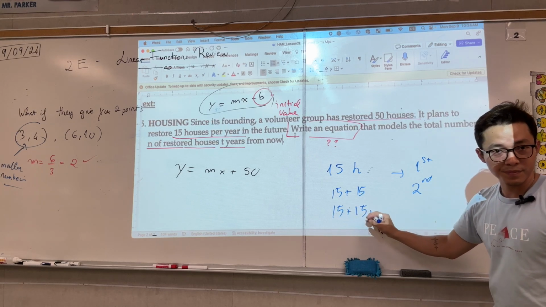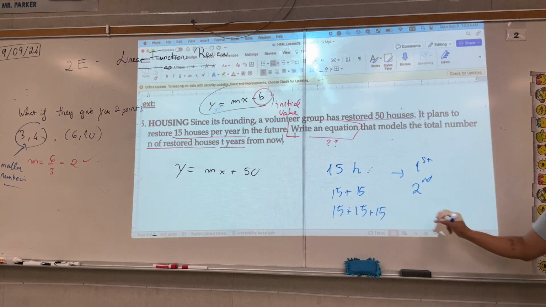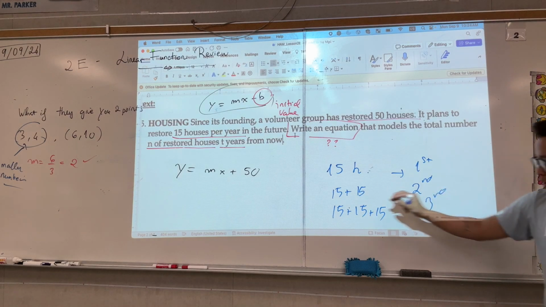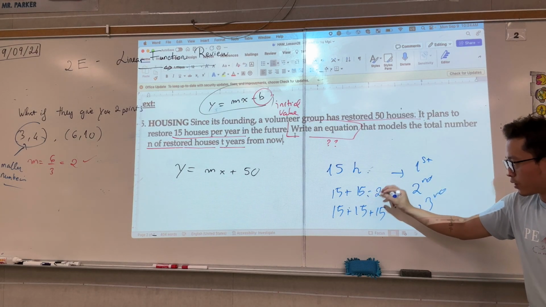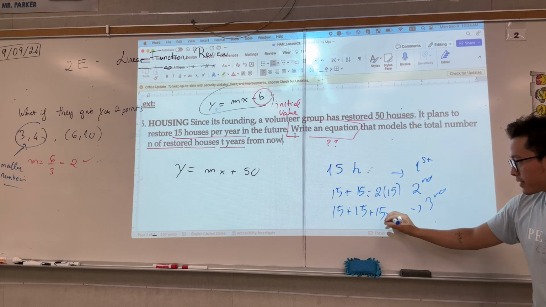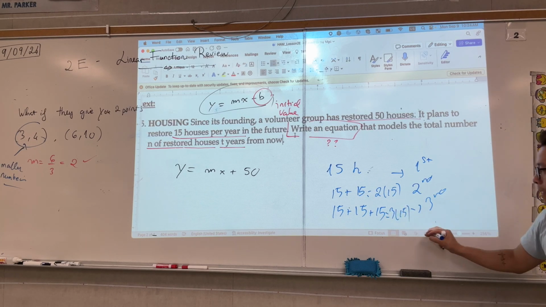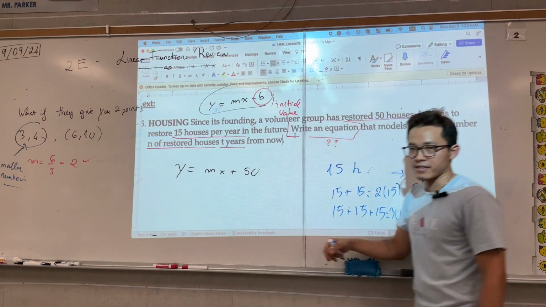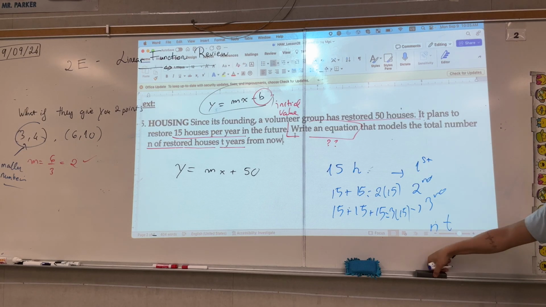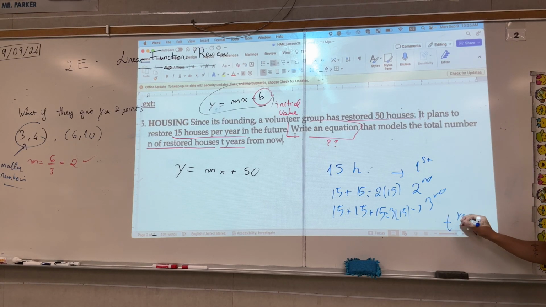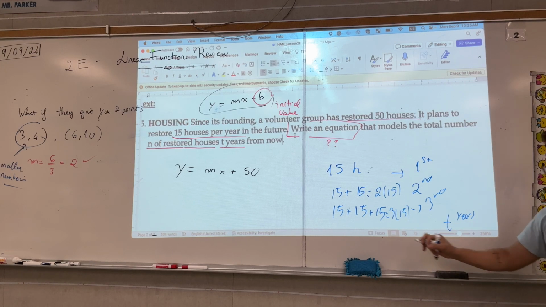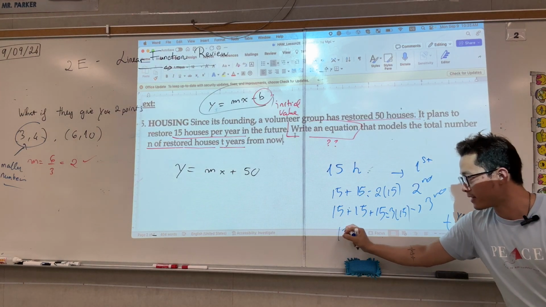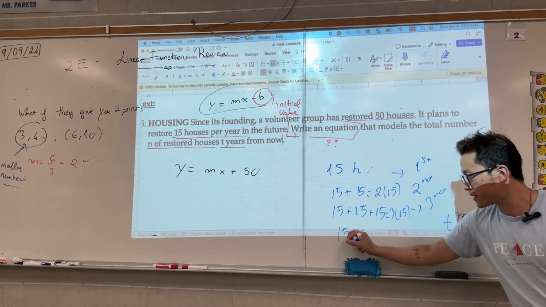Third year, another 15, right? So 15 plus 15, that means you have 2 times 15. This one is 3 times 15. How about T years? Someone just said it. T times 15, right? 15T.